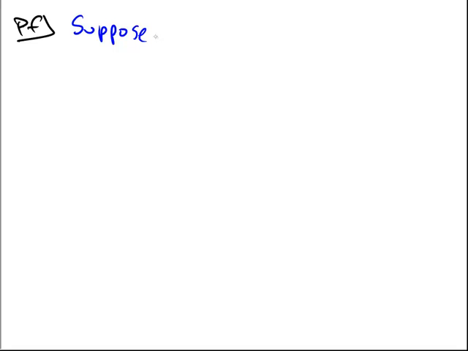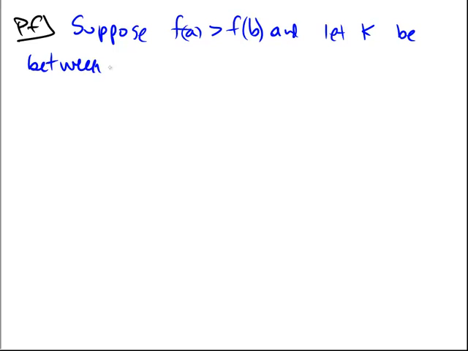So here's our proof for bigger than. We will suppose that f of a is bigger than f of b, and let k be any number between f of a and f of b.